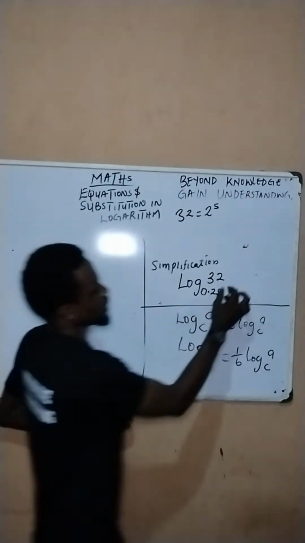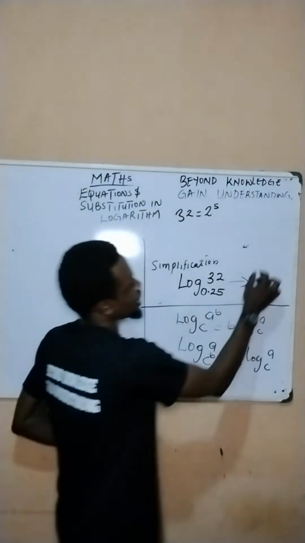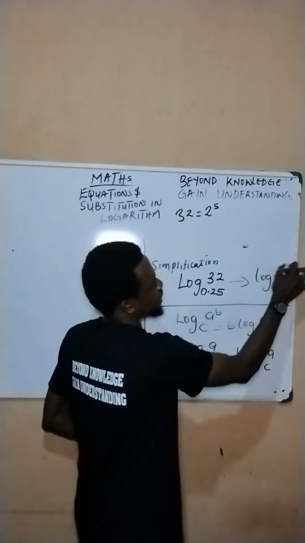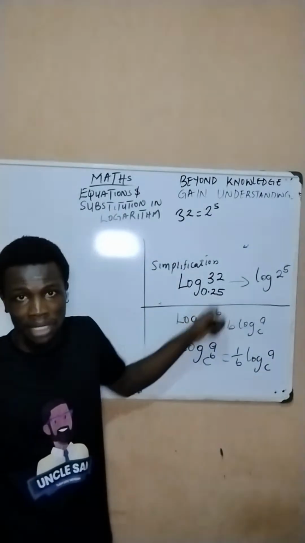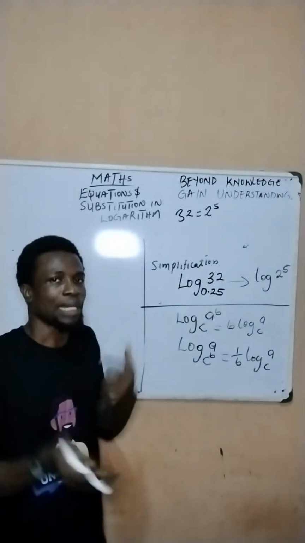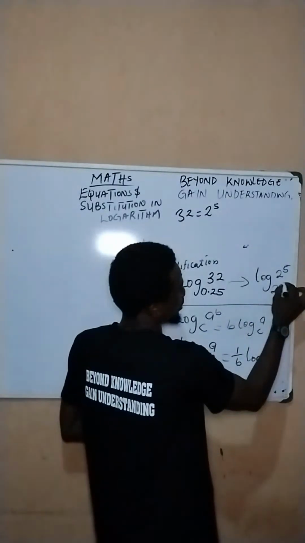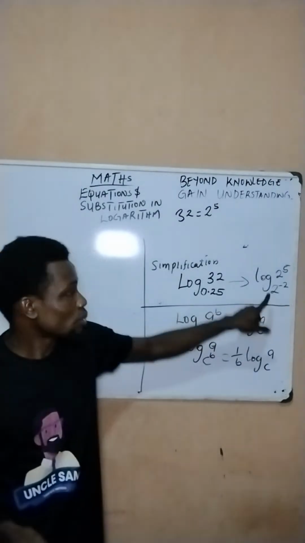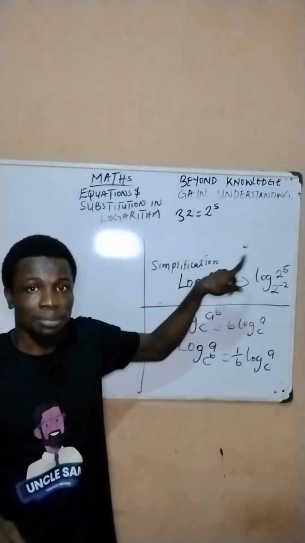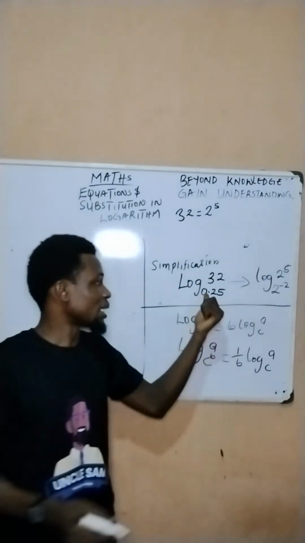So with that in mind, we can employ it here, because when we simplified this question at first, it gave us that 32 is the same thing as what? 2 to the power of 5. And then 0.25, when you reduce it to the lowest term and apply a base of 2, is the same thing as what? 2 to the power of negative 2. 2 to the power of negative 2 is the same thing as 1 over 2 squared, which is the same thing as 1 over 4. And 1 over 4 is the same thing as 0.25.